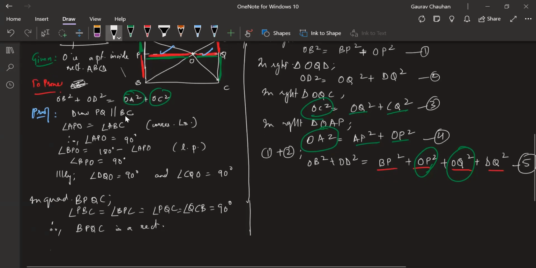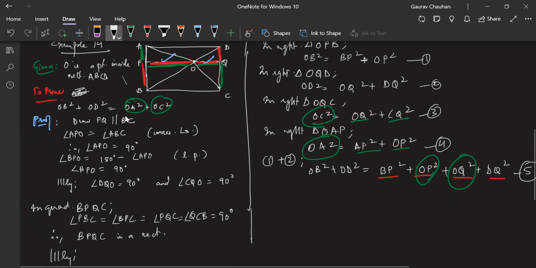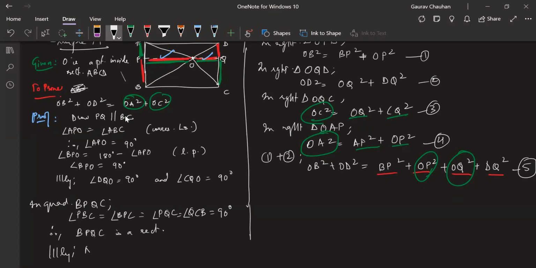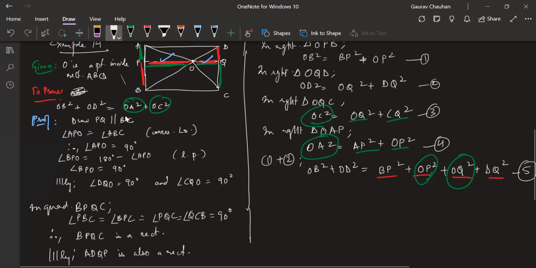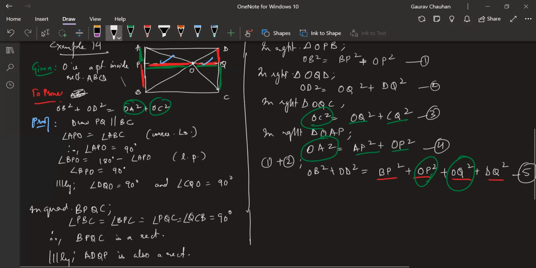Similarly, even ADQP is also a rectangle. I want you to give me a fist if you're following how I'm telling it's a rectangle. All four interior angles are 90, which means by definition of rectangle, this is a rectangle.